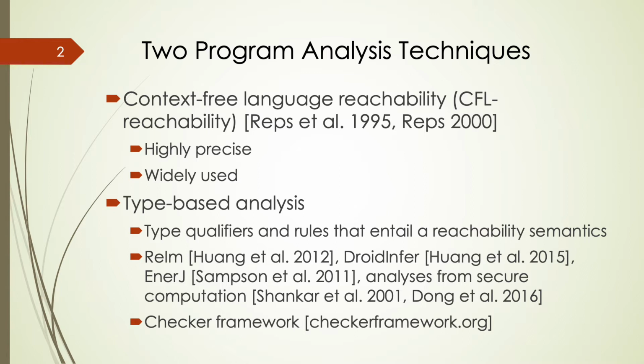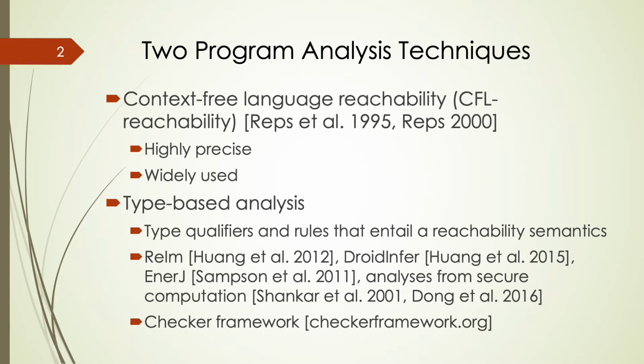Type-based analysis uses type qualifiers and typing rules that entail a certain reachability semantics. While not as widely used as CFL-reachability, examples of this analysis technique include RIME, a reference immutability analysis, droid-infer, a taint analysis for Android, and NRJ, an analysis that enables safe approximate computing.